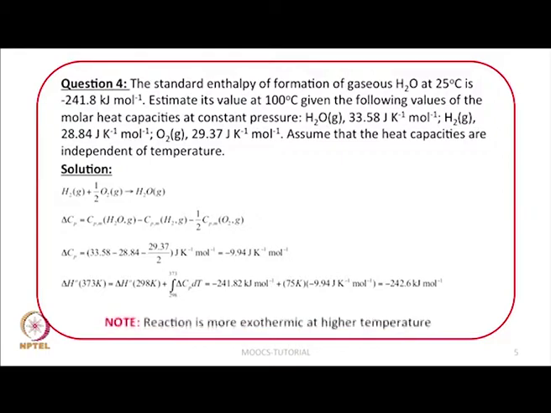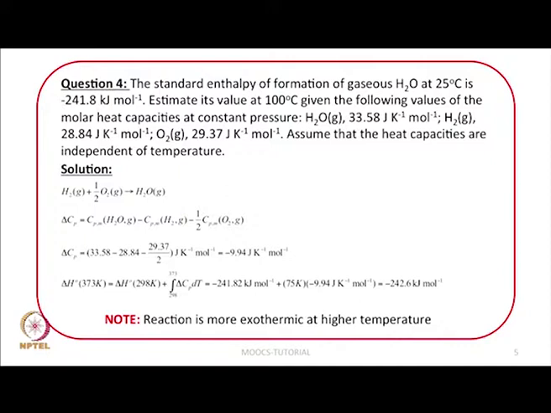So, you see the value of delta H at 25 degrees centigrade was minus 241.8 kilojoules per mole, and the value of enthalpy change at 373 Kelvin is minus 242.6 kilojoules per mole, which is more exothermic than the one at 25 degrees centigrade.